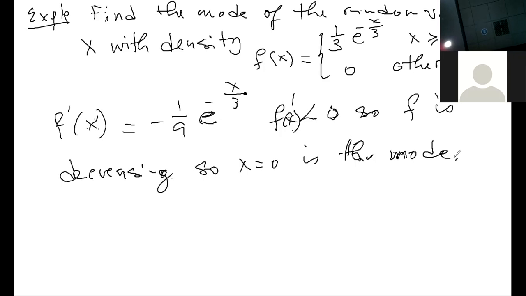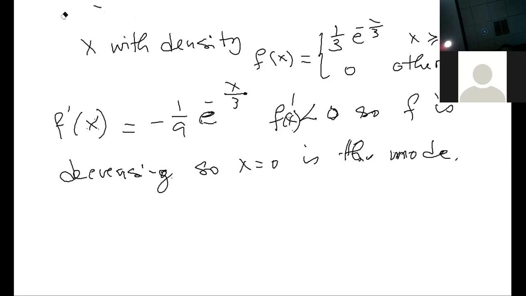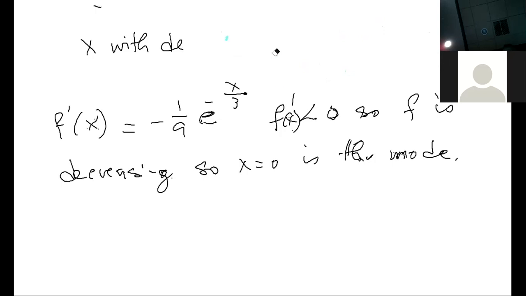Now let's look at another measure of central tendency: the median.